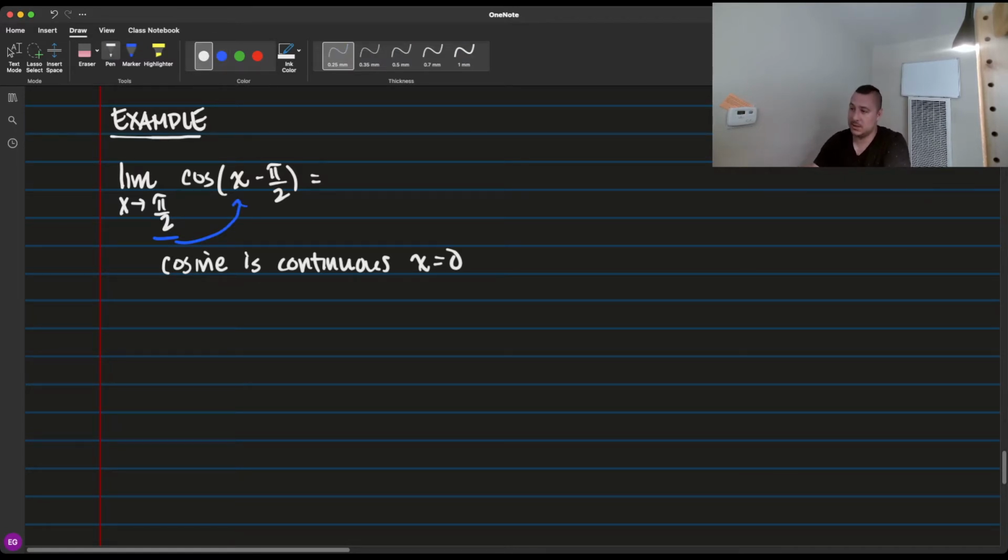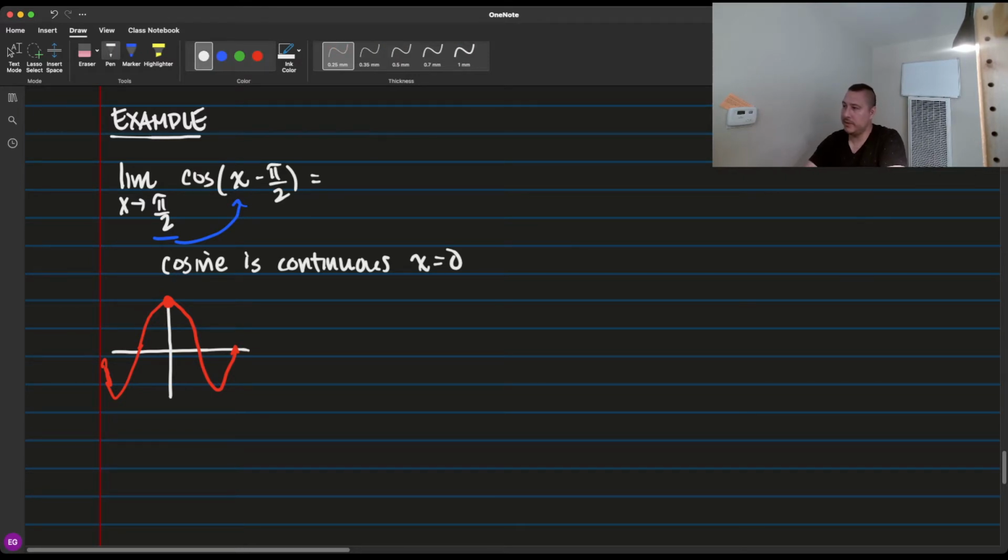How do you know this? Because if you remember, what does the graph of cosine look like? Sort of like this. You can see right here at x equals 0 that the function is continuous. There are no holes, there are no jumps, there are no asymptotes.